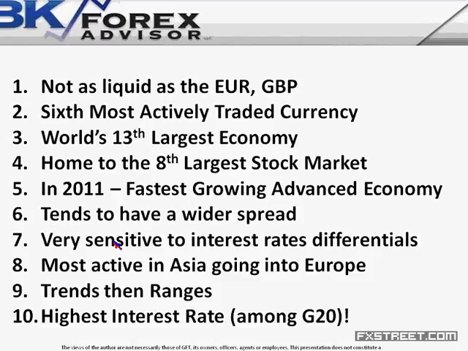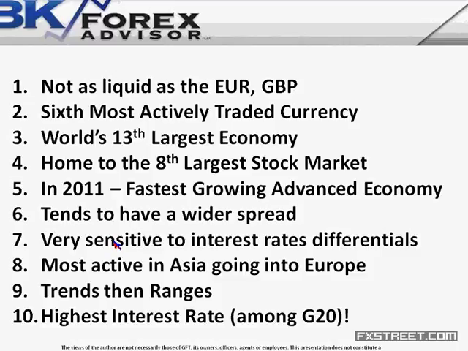The Australian dollar currency pair, as number 6 says, tends to have a wider spread than the euro dollar and pound dollar. So because it has a wider spread, it can be looked at as a slightly riskier currency to trade. And because it's a riskier currency to trade, on days when we have a quote-unquote risk-on move, when stocks are rising strongly and the investors are optimistic, that tends to be very positive for the Australian dollar.